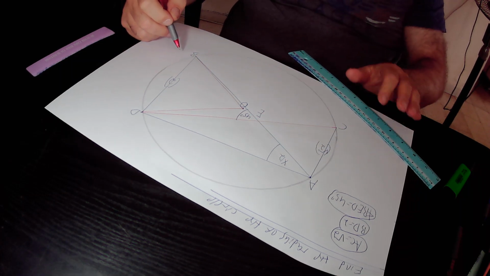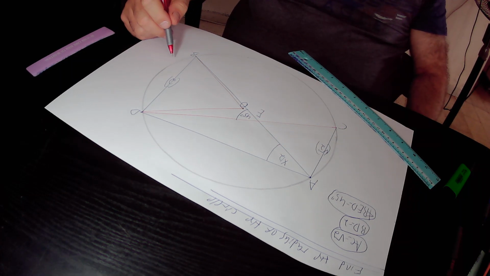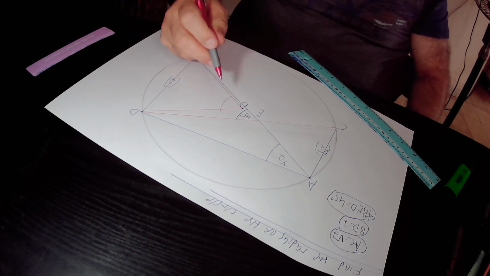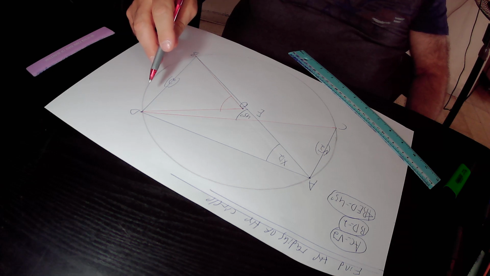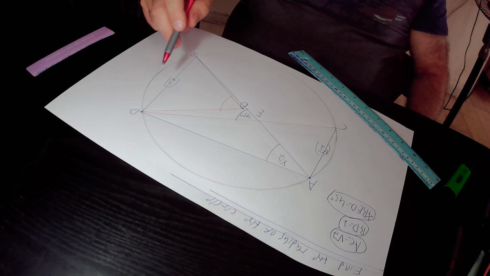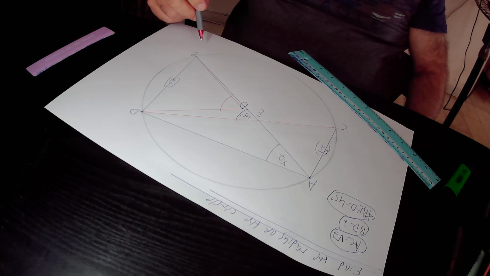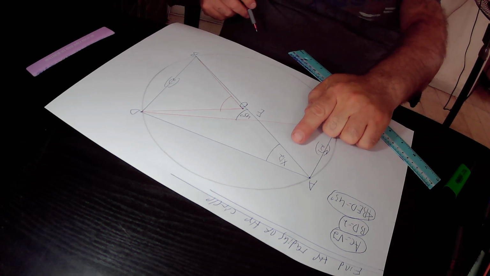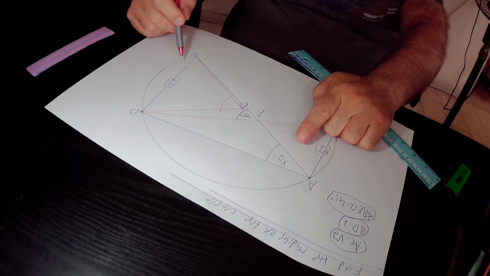By doing this construction, we get the central angle DOB, and this central angle DOB is subtended on chord BD, exactly like this peripheral angle BAD. It is also subtended on the same chord called BD.